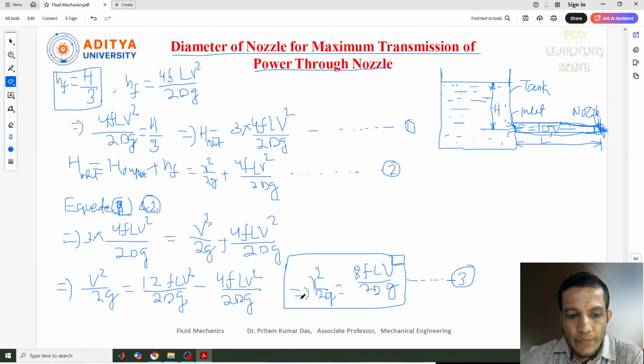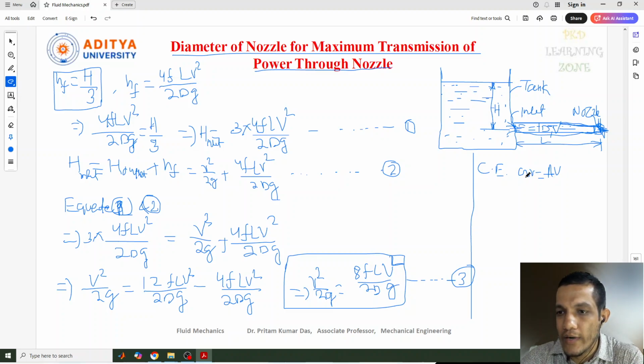Okay, now this is one equation. We know that one more relation is there, that is the continuity equation. From the continuity equation we know that A1 V1 equal to A2 V2, or we can write small a small v equal to capital A capital V. What is small a small v? The area at the nozzle and the velocity of the fluid coming out from the nozzle.